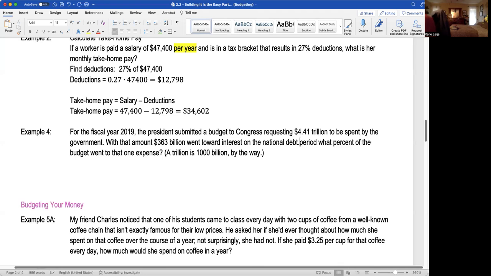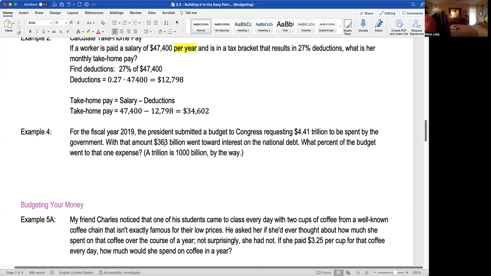What percent of the budget went to that one expense? A trillion is 1,000 billion, by the way. So we're going to have to turn this 4.1 trillion into billion.